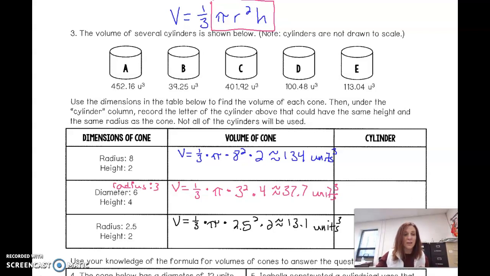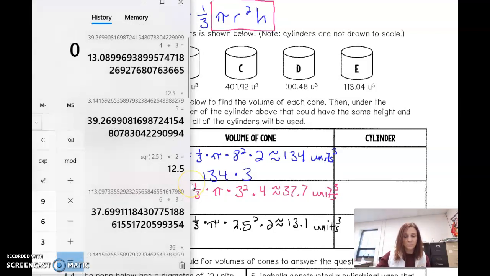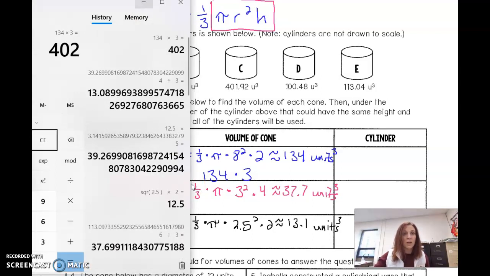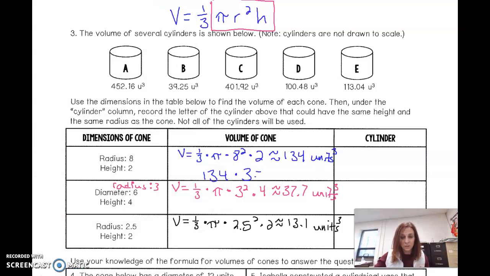We multiply by 3. So what we can do is we can take our 134 here and multiply it by 3. And we get 402. So remember, we rounded this right here. So if I look at these, which one is closest to 402?